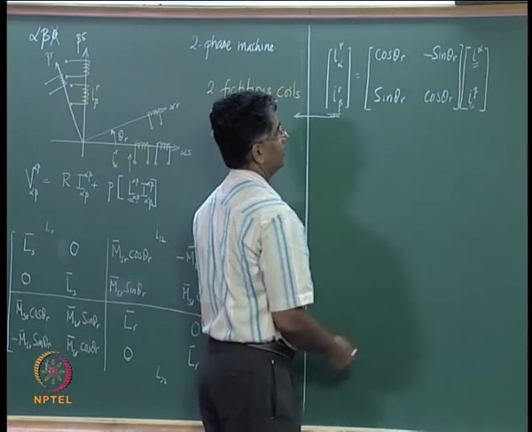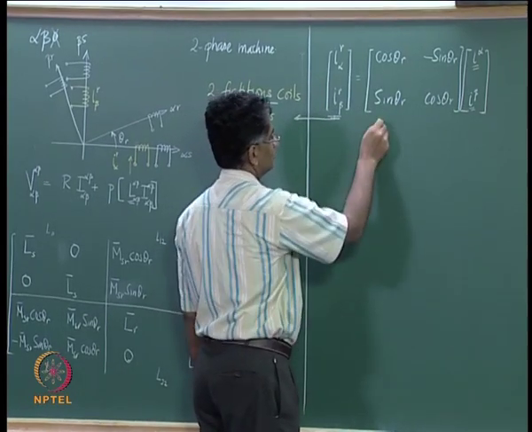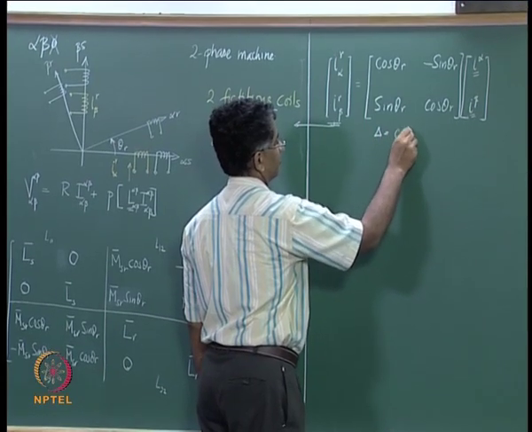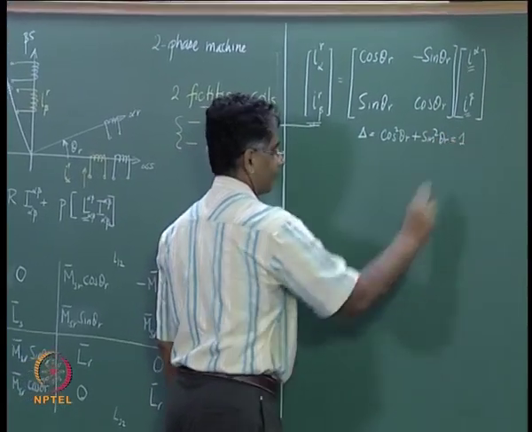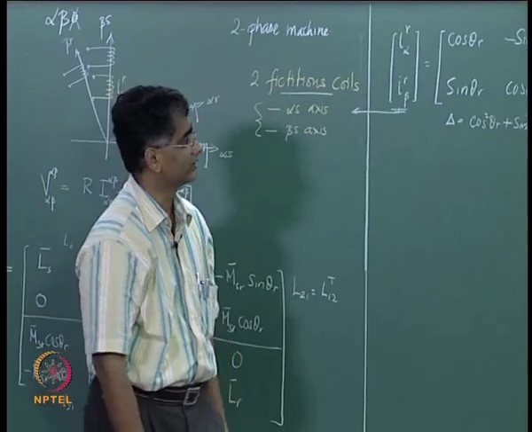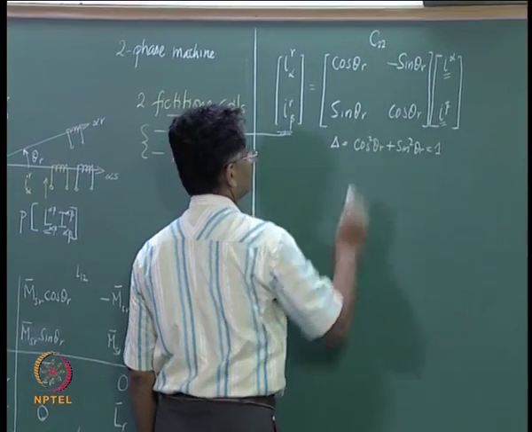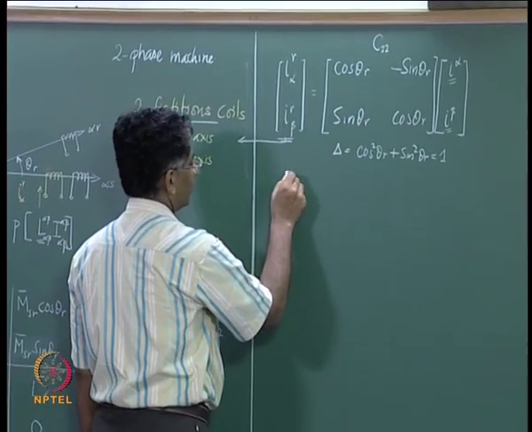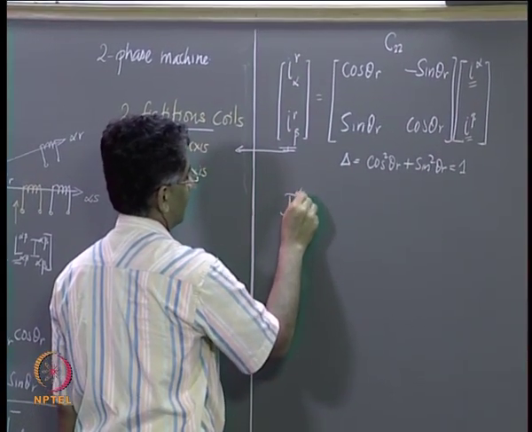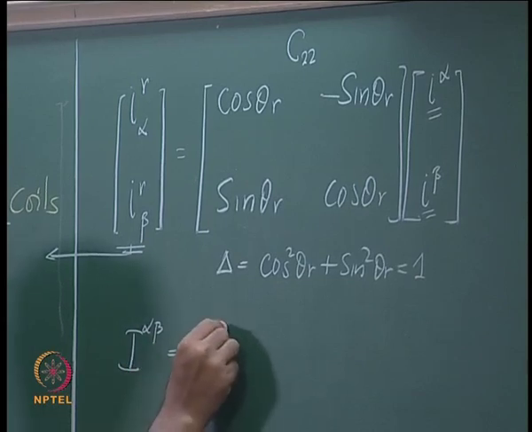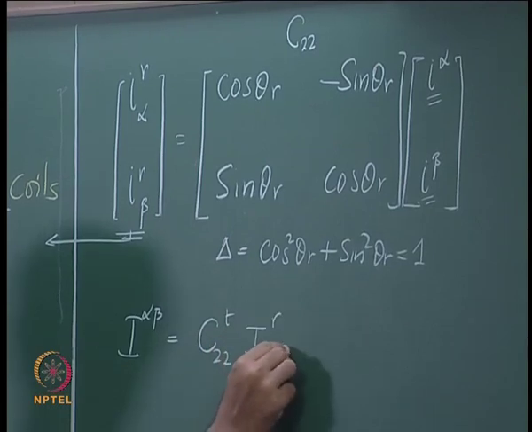You need to invert this and bring it over here, and you see that the determinant of this is simply cos square theta r plus sin square theta r, which is 1, and therefore the inverse of this is simply the transpose of this, and therefore if you call this matrix C22, then we can say that I alpha beta is equal to C22 transpose into I r alpha beta.